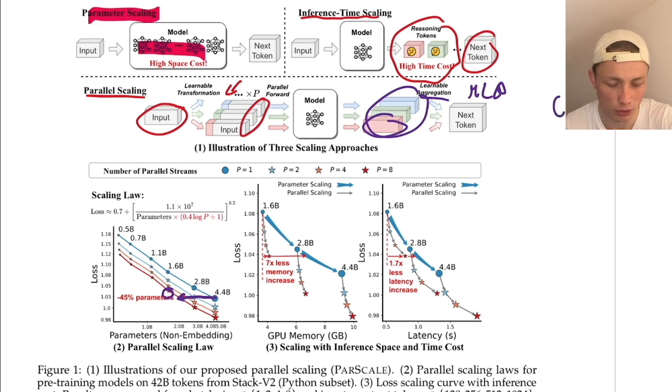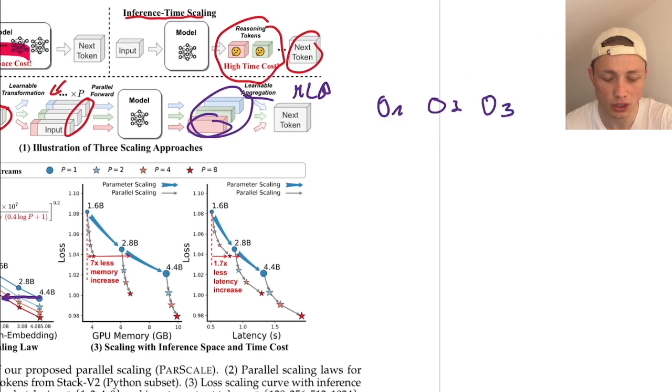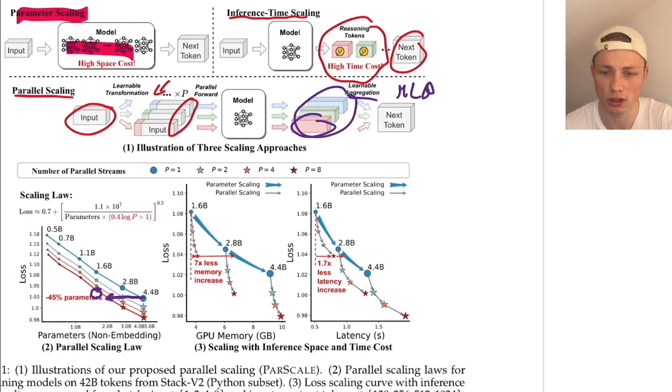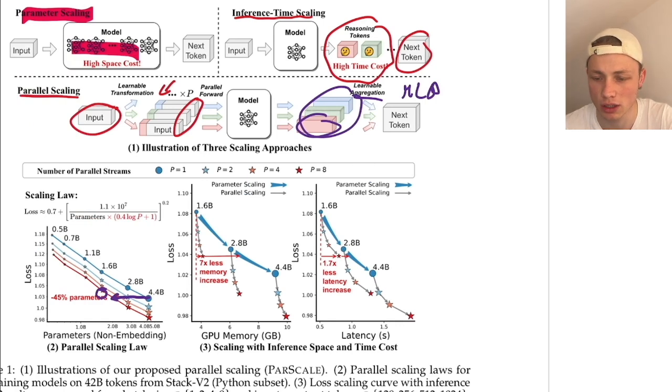So if we have output 1, output 2, and output 3, we just learn W1, W2, and W3, and we add them all together, okay? So the model predicts W1, W2, W3 with a softmax at the end of the MLP block, and it's a very small MLP block, okay?